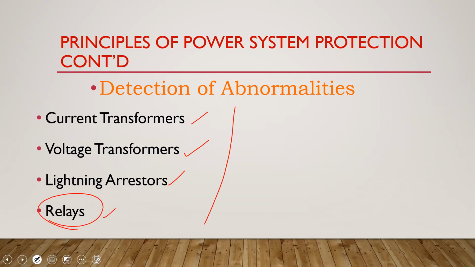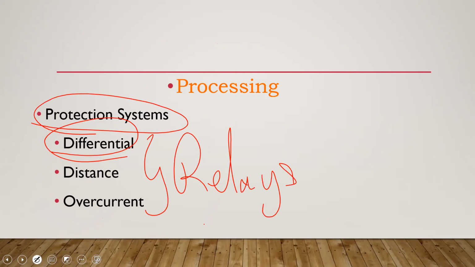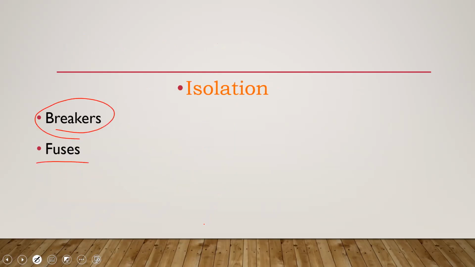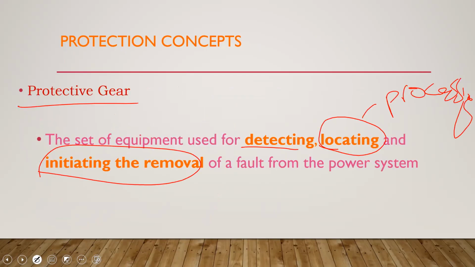So if we go back to the list I gave you earlier, you would see that detection, so we have CTs, VTs, etc., comes under detection. Processing would be the various relays, yes? And of course, the initiation, the only thing that is left out of the protective gear is the isolation.